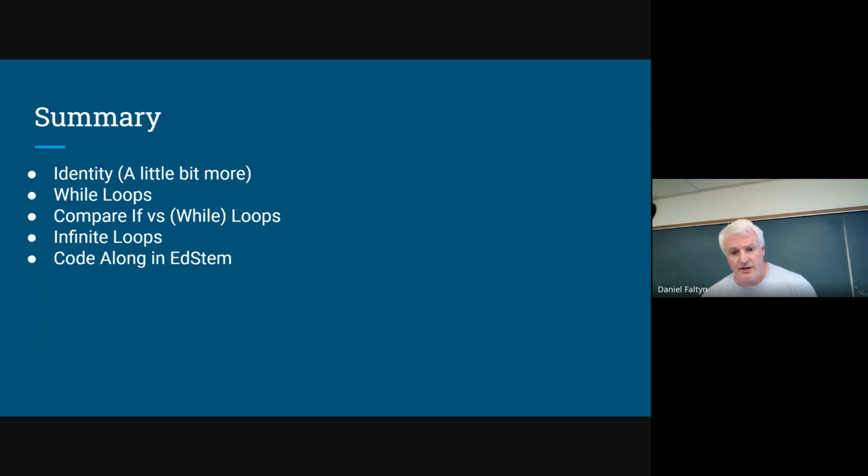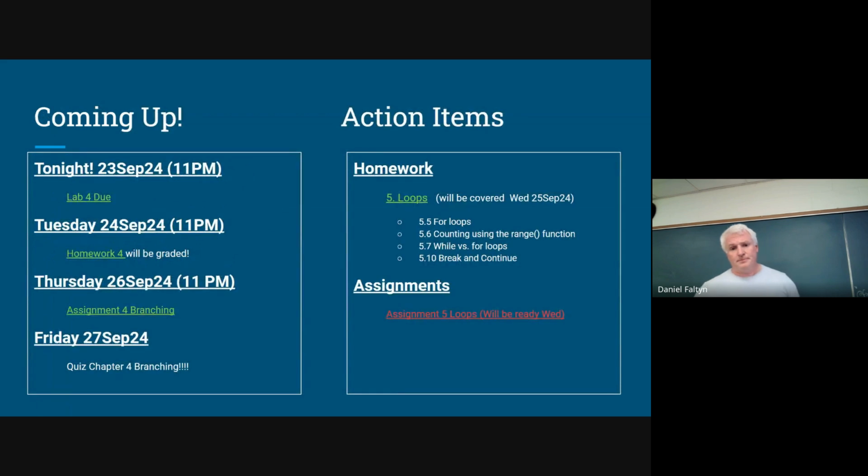You come in here and on the left-hand side, you can edit the code and write whatever code you want. Then you say visualize execution, next, next. You can see what's going on. We looked at while loops. We compared if versus while. We said that the condition is relatively static, but with while loops, it has to change. We talked about infinite loops, and we did that little code along in EdStem.